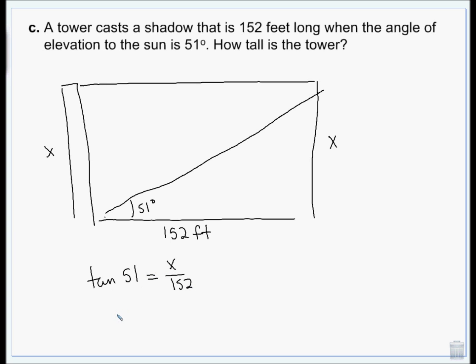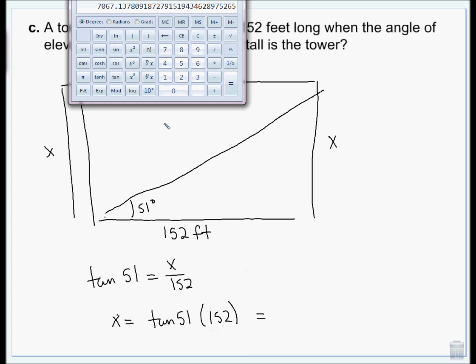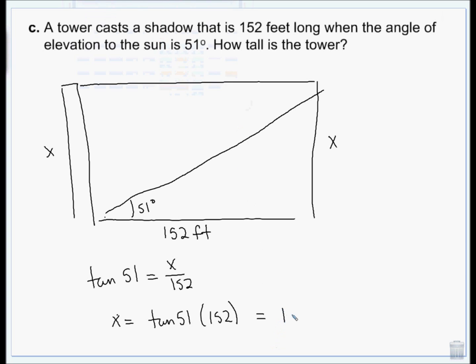So x is equal to the tangent of 51 times 152. Tangent of 51 is 1.2349. Multiply that times 152, and I'm going to get that the tower is approximately 188 feet.